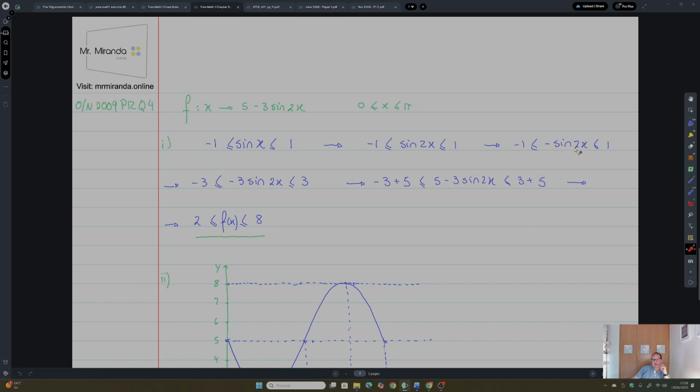If you multiply sine of 2x by -1, what will this do? If the function is like this, it will become instead like this. The value that was 1 is going to become -1, and the value that was -1 will become 1.